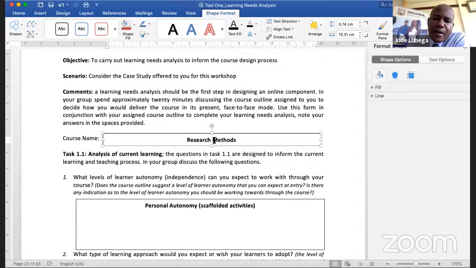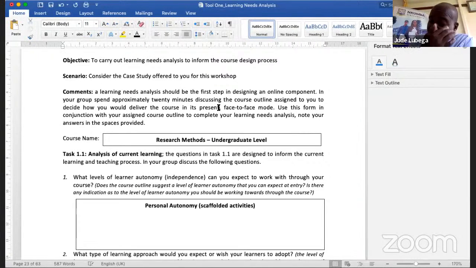Probably what I need to illustrate here is research methods for undergraduate, because research methods usually happens at different levels, but this is research methods for the undergraduate, and we are trying to analyze it before we take it online.